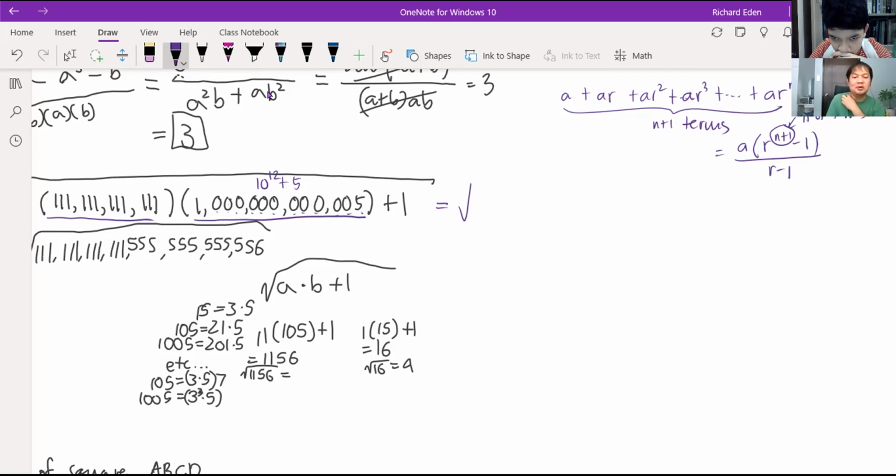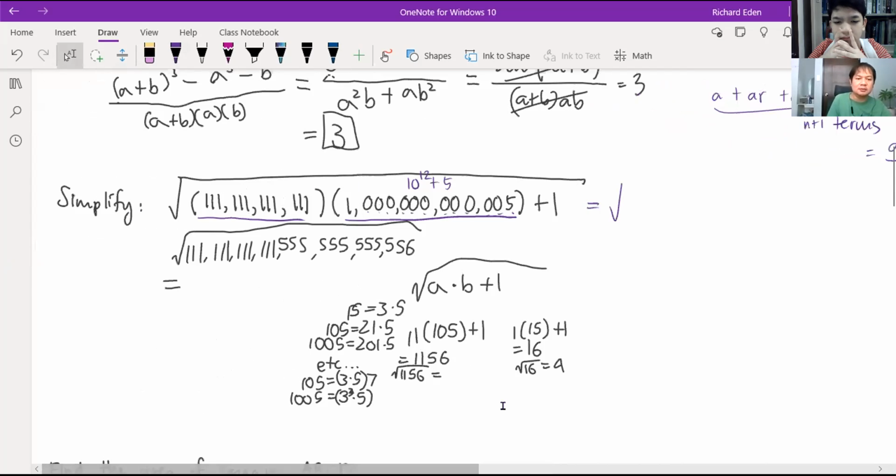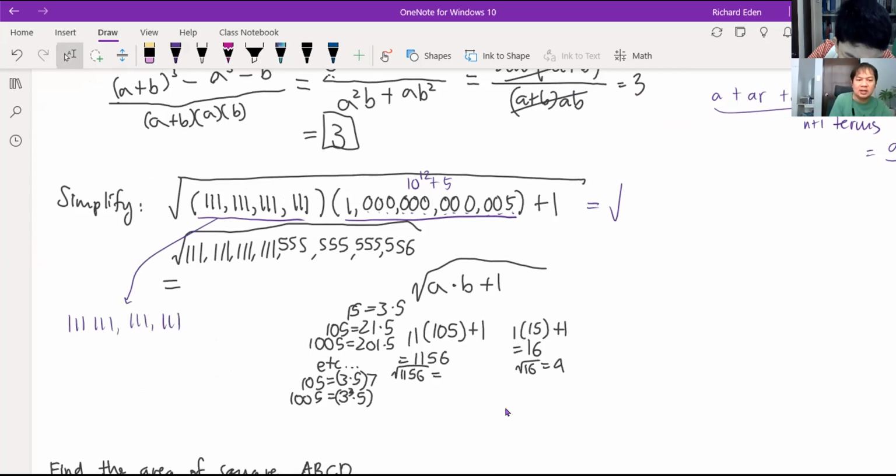Now for what we have here, 1, 1, 1, 1, 1, 1, 1, 1, 1, 1, 1, 1. This is a geometric series because you have 1 times 10 to the 0, and 1 times 10 to the 1, then 1 times 10 to the how many? What's the exponent? 10 to the 10, no?